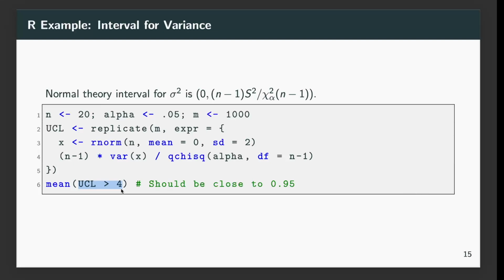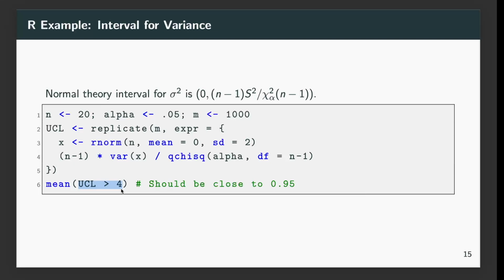So under normality, the result you should get should be close to 0.95. If you run this in R, you will get a number very close to 0.95, and this confirms that when the normality assumption holds, the chi-square based interval achieves the stated coverage, which is 95%.